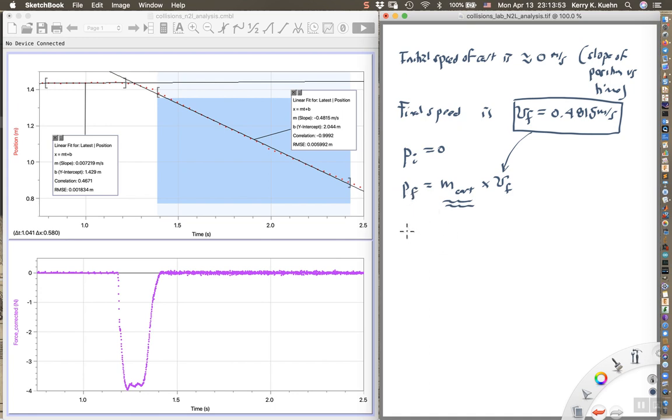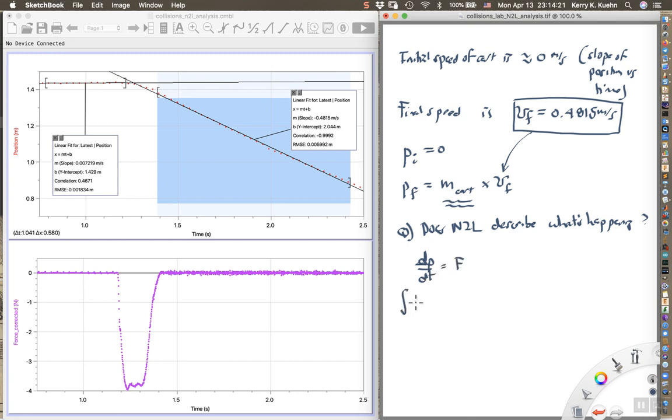Now the question that we're asking here is, does Newton's second law describe what's going on? What's happening? What I can do is use the change in momentum. I'll write this as the derivative dp/dt, the rate of change of momentum, is equal to the force.